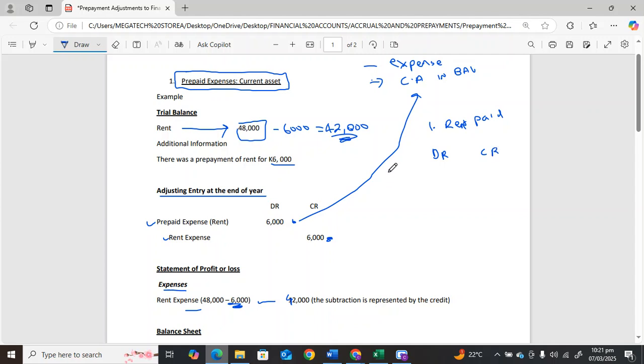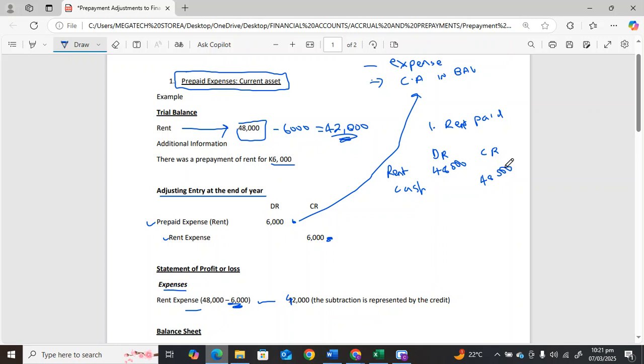So we debit rent, the whole amount, 48,000, then we credit cash, the same amount, 48,000. So on the trial balance, you see rent 48,000.